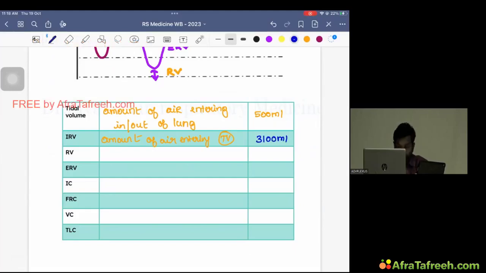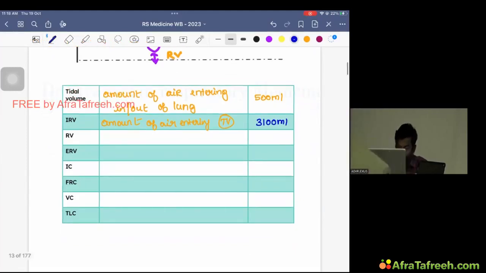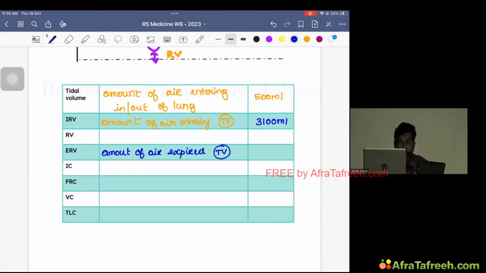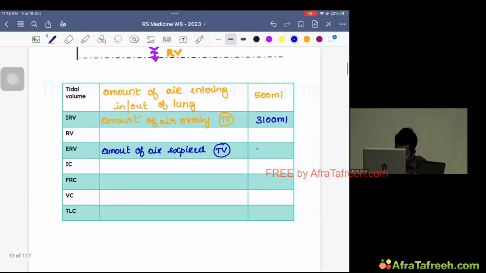Then next is expiratory reserve volume. Expiratory reserve volume is the amount of air expired in addition to tidal volume. It is somewhere around 1200 ml.